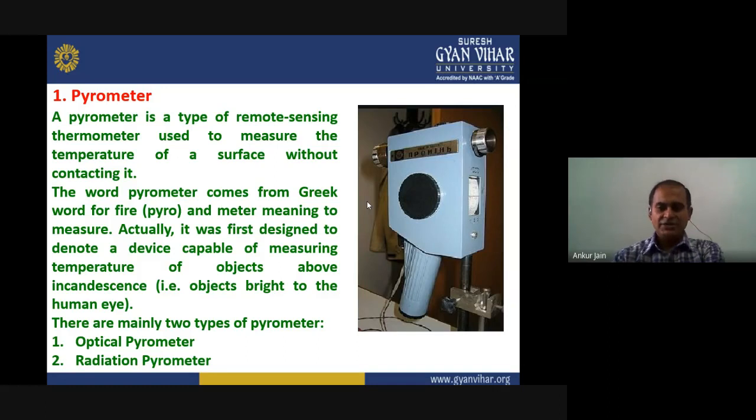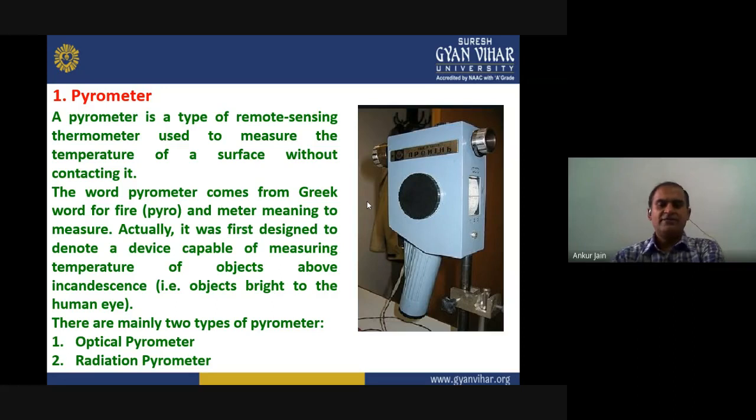This pyrometer was developed long back, and it was first designed to denote a device that is capable of measuring the temperature of objects which are above incandescence. Incandescence means the objects which are bright to the human eye, which we can see by our eyes.